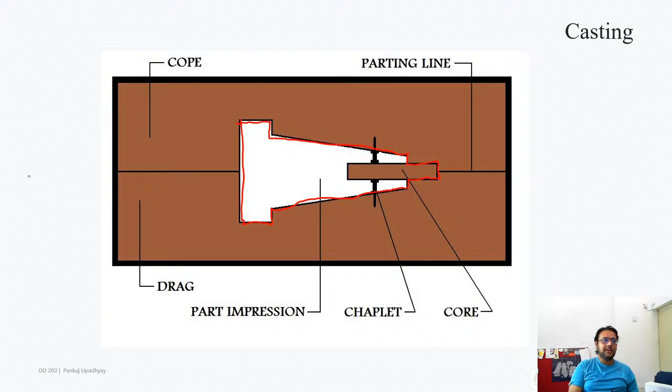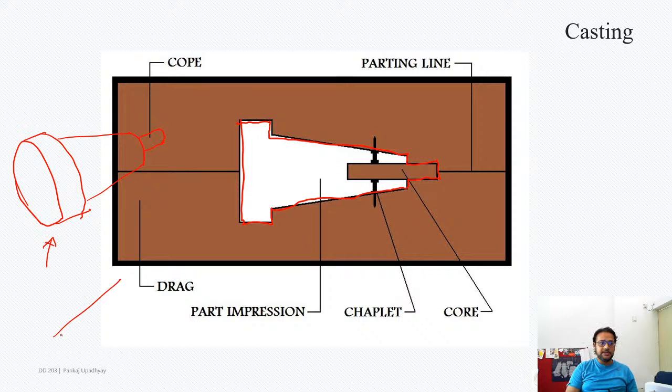If I see it, maybe it's in 3-dimension, it's something like this. This is the piece of wood that I created, and then I made the cope and drag impression using this part. Now I had a second piece which is the core, which is of this shape, and I placed it in this position after the cavity was created.